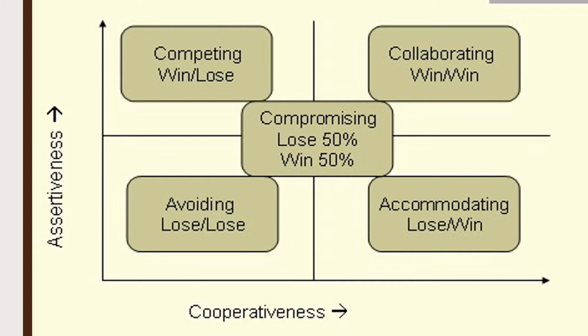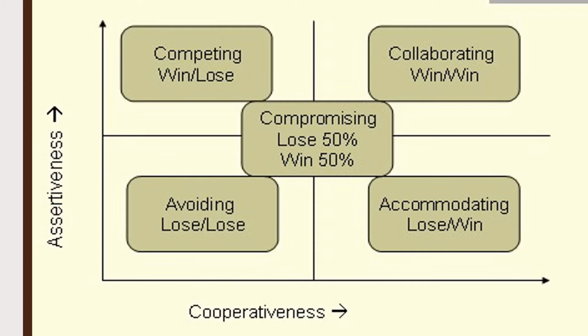You can't resolve anything, you can't deal with anything, because nobody's willing to actually talk this thing through, and so there you are. You have then all the way over to your right accommodating, which is a lose-win. I'm not going to get anything that I want, but you're going to win because I'm just going to give in and do whatever you want me to do, for whatever reason that is.